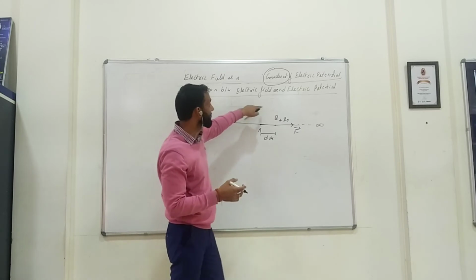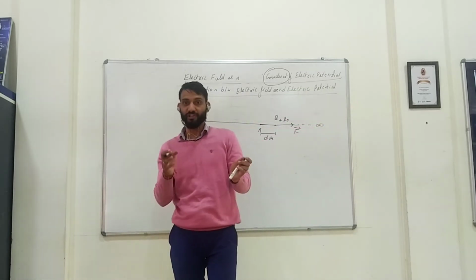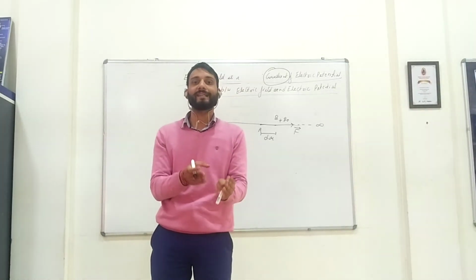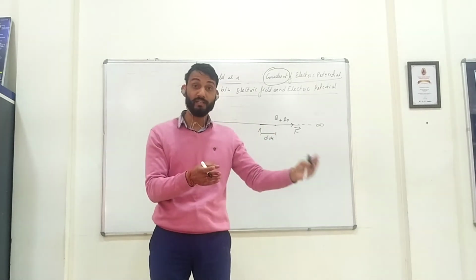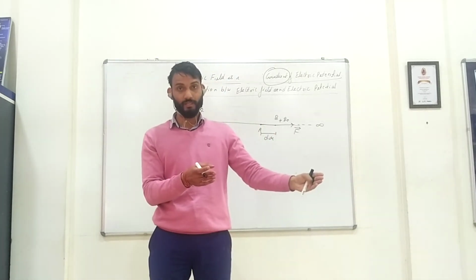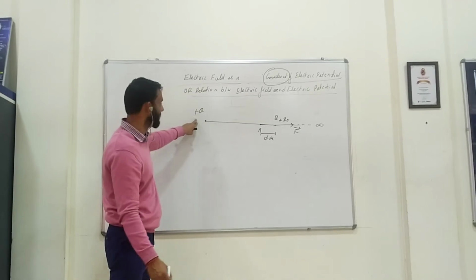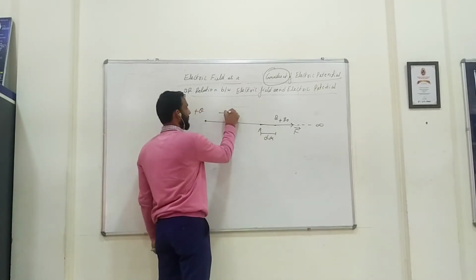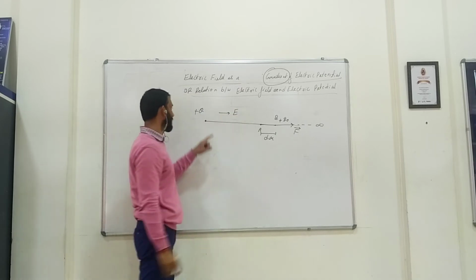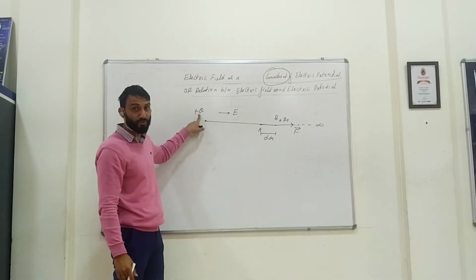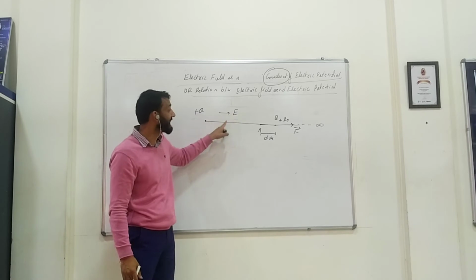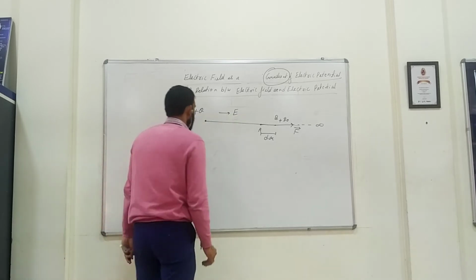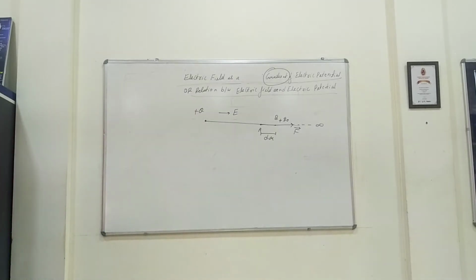As we explained, electric potential is the work done per unit charge in carrying the charge from infinity inside the electric field of some other charge, right? So that is the work done. And we know that the electric field will be in this direction, because this is a positive charge, and for a positive charge, electric field is always radially outwards.